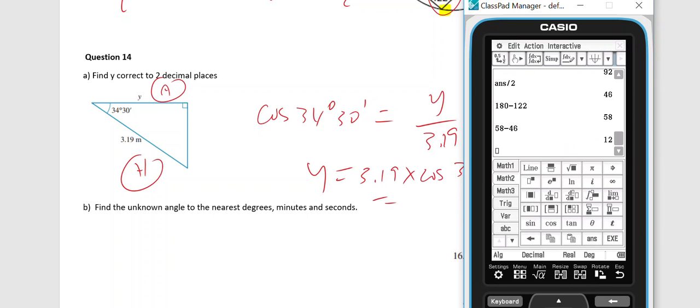Let's work that out on a calculator. 3.19 times cos. Now I'm going to have to use degrees minutes seconds, so go back to Maths 1, type that in. 34 and 30. You leave the seconds blank because you don't have any. So it's 2.63.